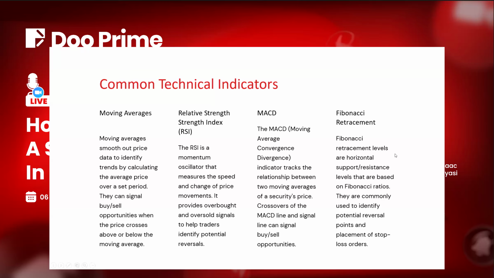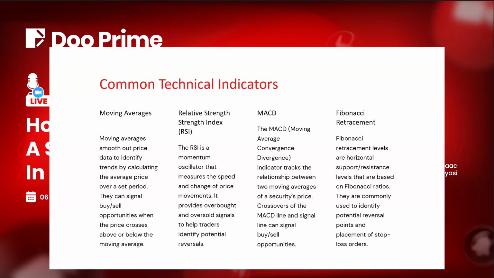So what is a moving average? Probably some of you have heard the name or you have even used it. Moving averages smooth out price data to identify trends by calculating the average price over a set period.